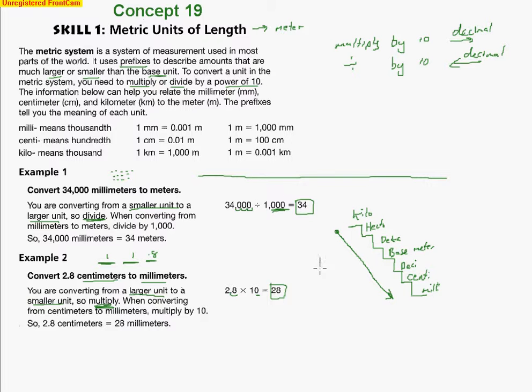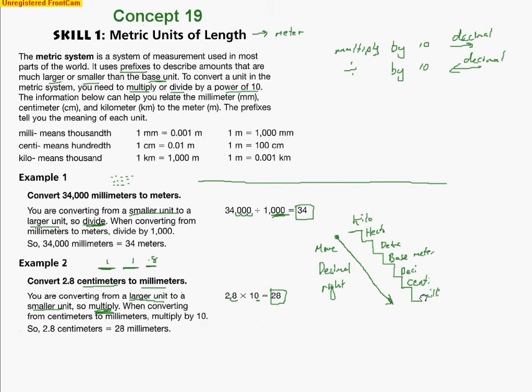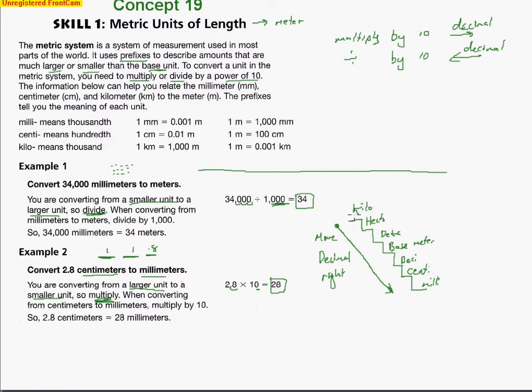So that means you're going to move the decimal right. And this chart tells you how many spaces. So for instance, if I'm going from kilo to milli, I'm going to end up moving that decimal 1, 2, 3, 4, 5, 6 spaces right. So I'm just counting the steps down. I went down 1, 2, 3, 4, 5, 6 spaces.